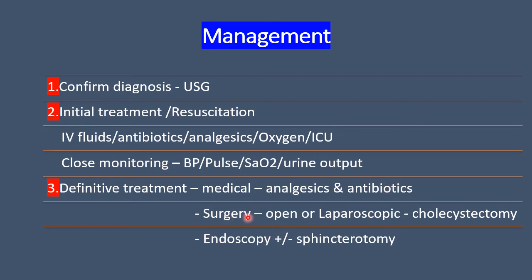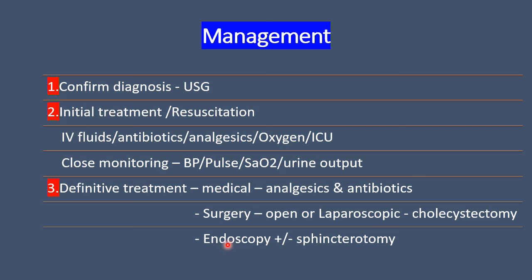Then endoscopic treatment can be done, especially if there's a stone in the bile duct, then an endoscopic sphincterotomy may be needed. In this patient, that is not necessary, so we go on to surgery.